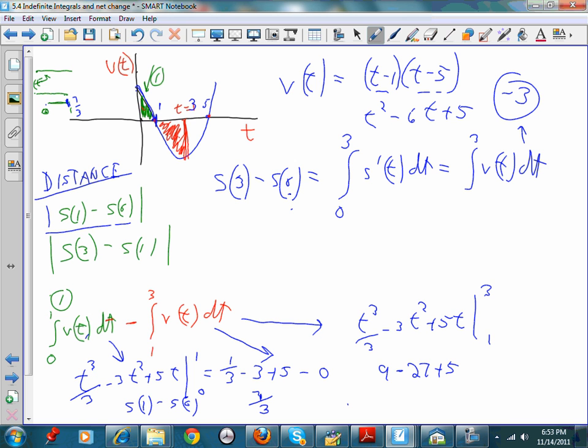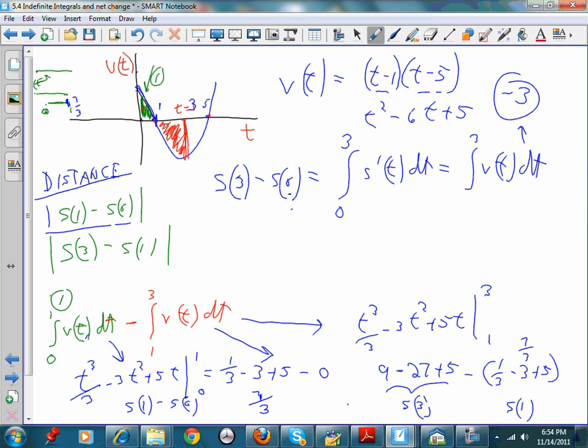This is s of 3, right? Minus s of 1. Well, s of 1 looks like it's going to be 1/3 minus 3 plus 5, and s of 1 is 7/3.